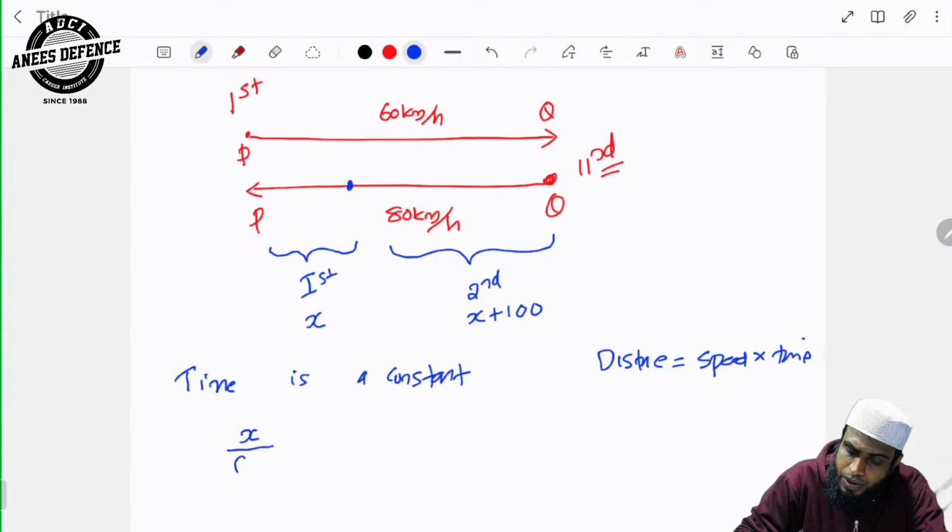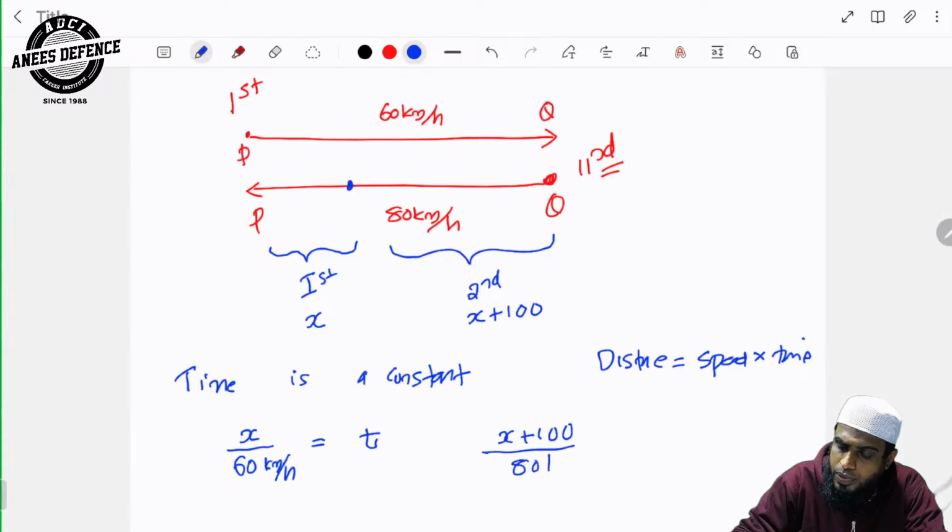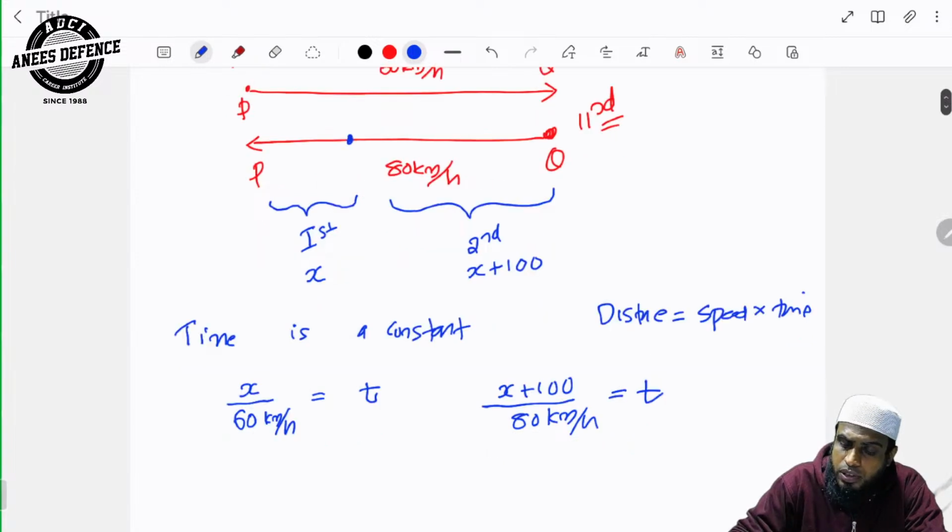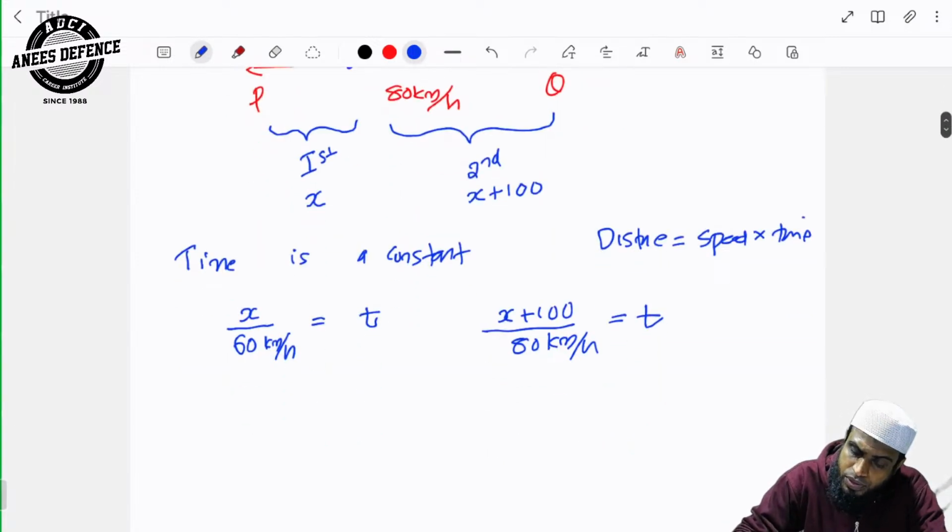x by 60 km per hour, that is the time taken by the first person. The time taken by the second person is x plus 100 distance traveled divided by 80 km per hour. The time taken is equal for both. So simply by equating these two equations, x by 60 equal to x plus 100 by 80.